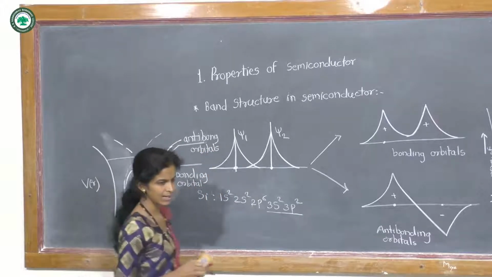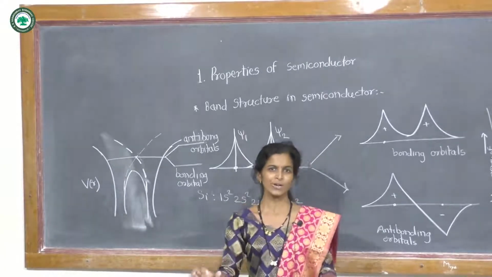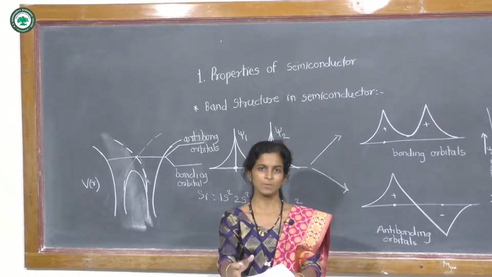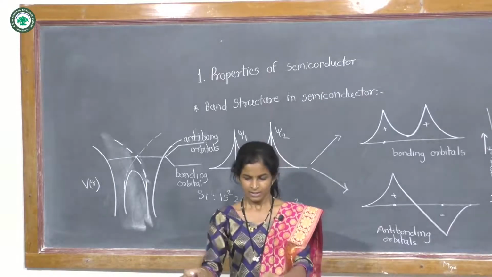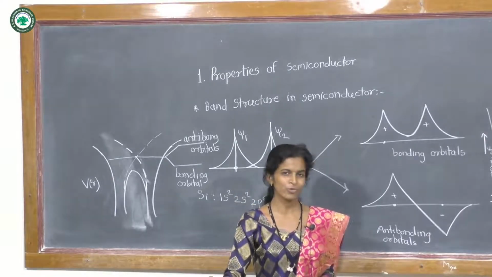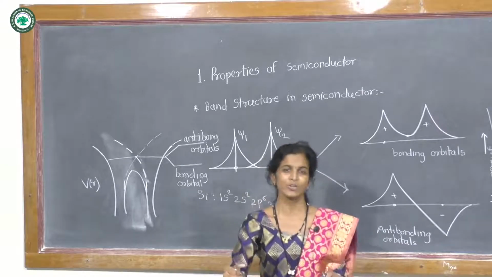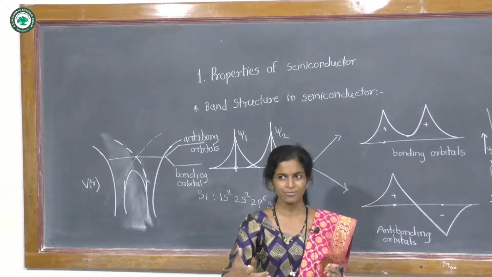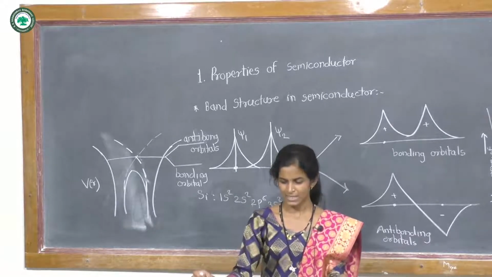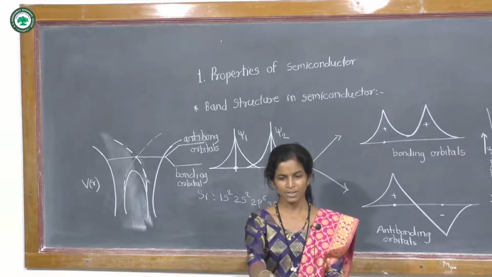When 2 silicon atoms come closer, there is a possibility of the electron wave functions of the first atom and the second atom combining together, which forms the linear combination of atomic orbitals.